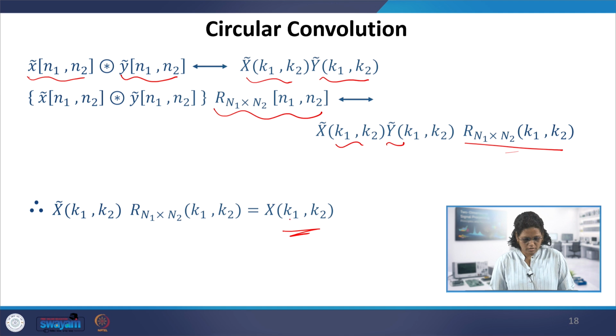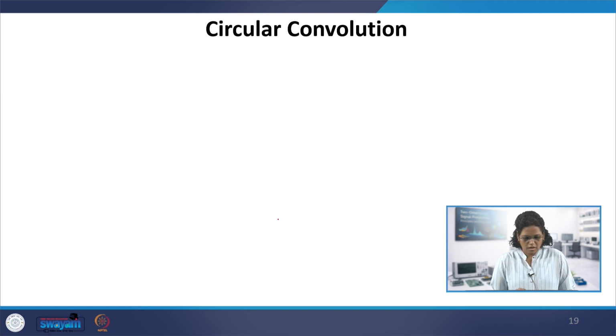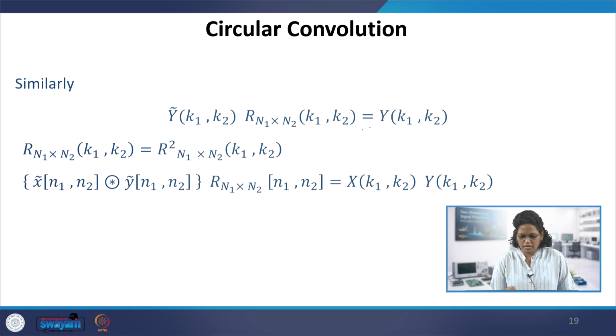So for x tilde you get x, and similarly for y tilde you get y, by the rectangular function, because R square, as we had said already, is going to result in R only. So we restricted to one R, not representing R square. So the resultant would be finite x and finite y.